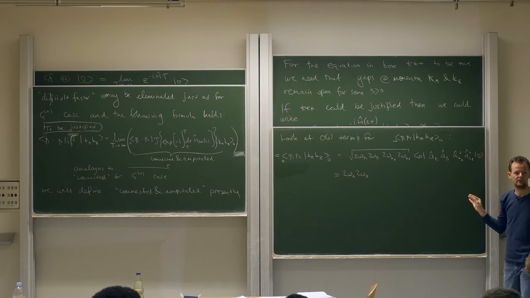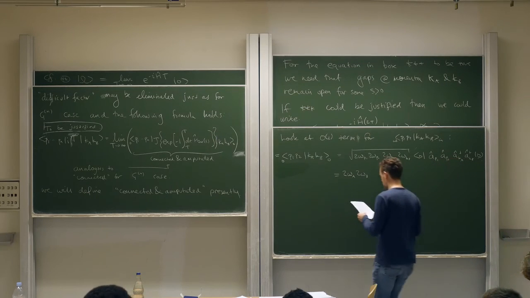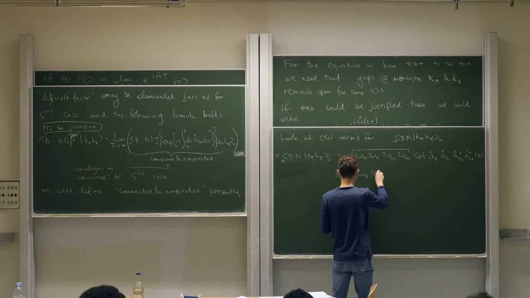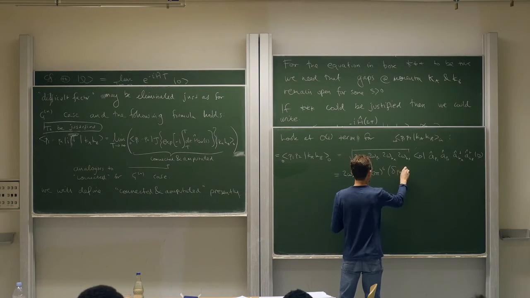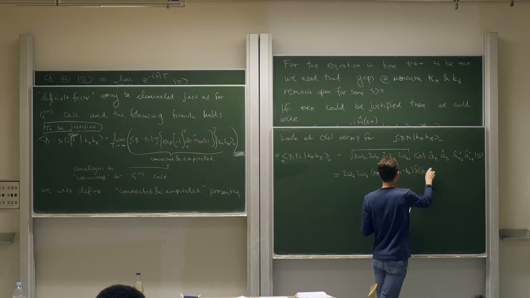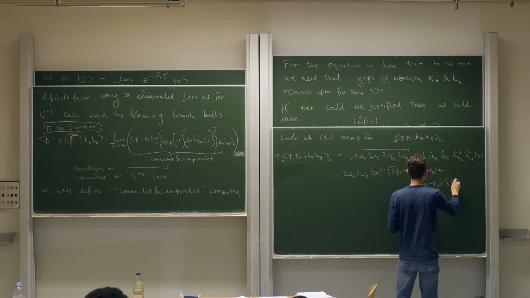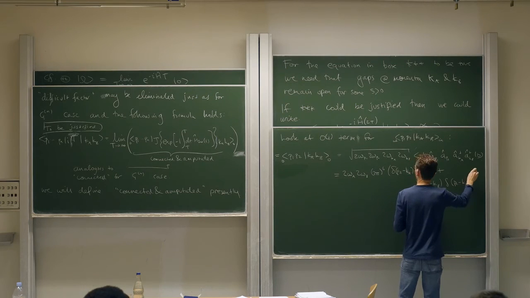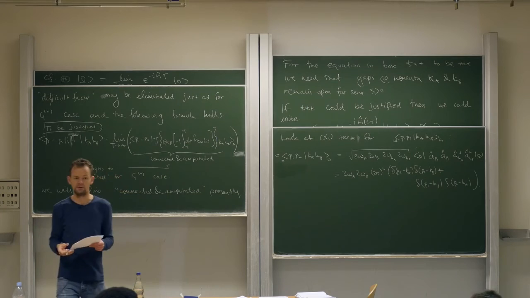We use the commutation relations for the creation and annihilation operators, and we get some delta functions, and we end up with this expression here. So we can do the order 1 term, so that's pretty good.